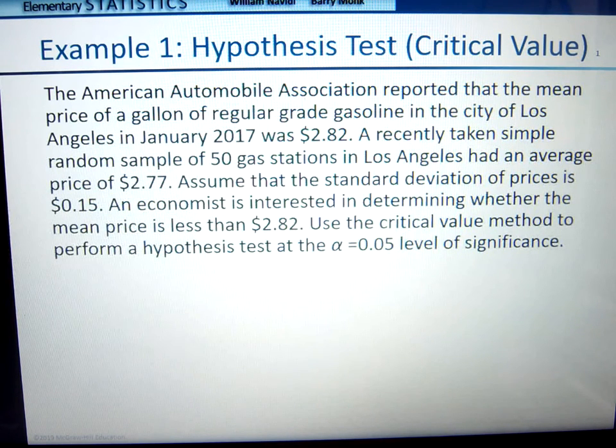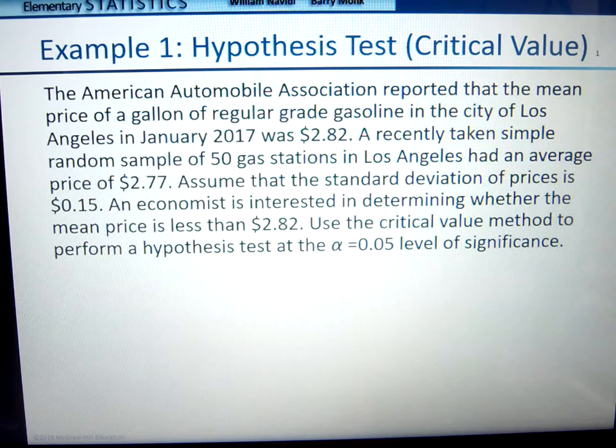Now, a recently taken simple random sample of 50 gas stations in Los Angeles had an average price of $2.77. Let's assume the standard deviation of the prices is 15 cents. An economist is interested in determining whether the mean price is less than $2.82. So he's going to use the critical value method to perform a hypothesis test at 0.05.